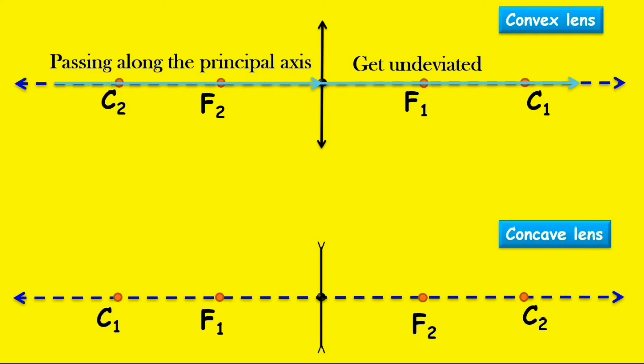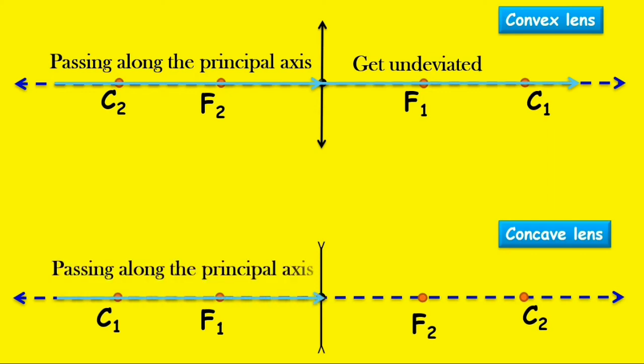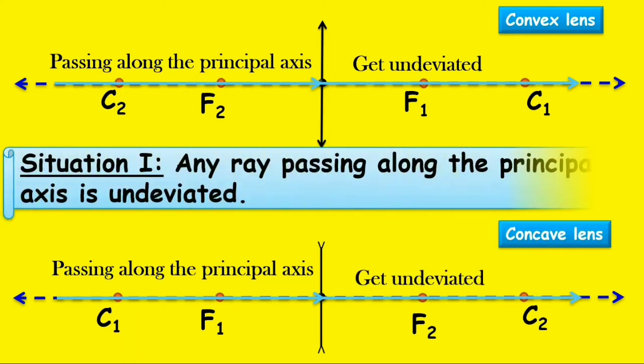So, for the convex lens, a ray passing along the principal axis will be undeviated. For the concave lens, the ray passing along the principal axis is undeviated here also. So situation 1: any ray passing along the principal axis is undeviated. It just directly goes along the principal axis.